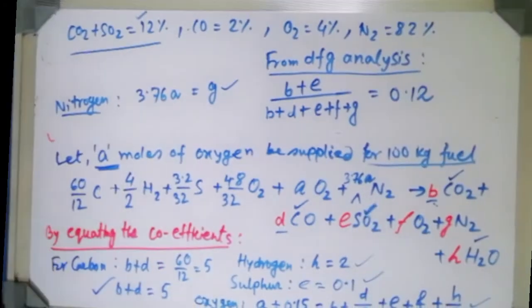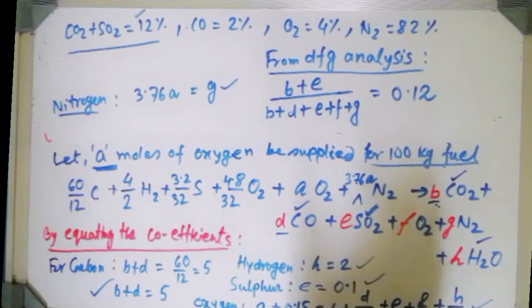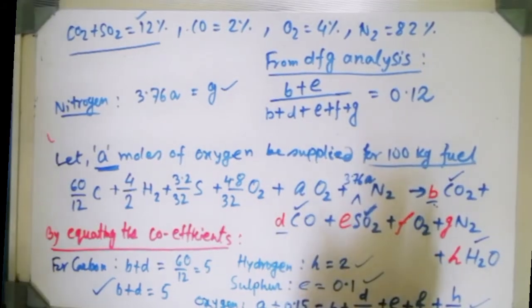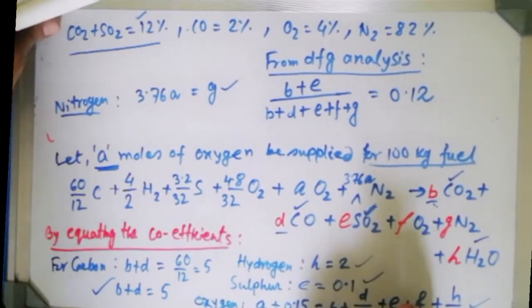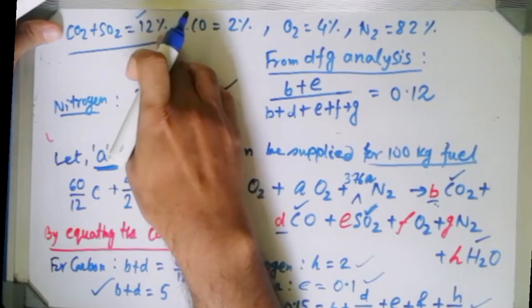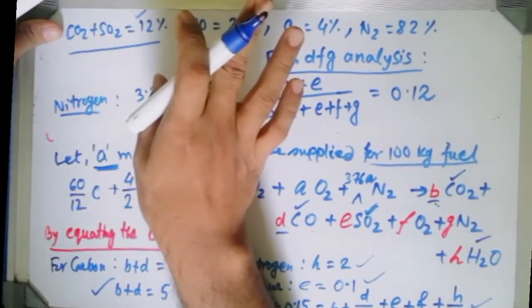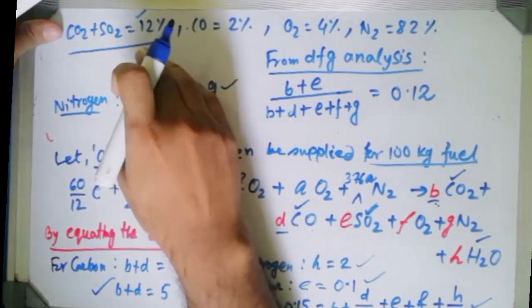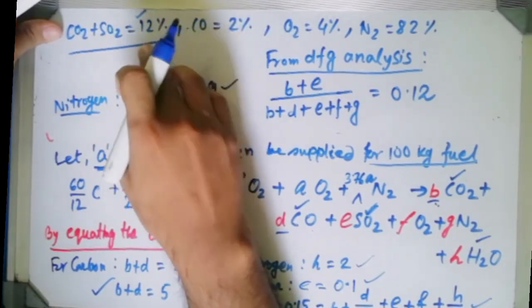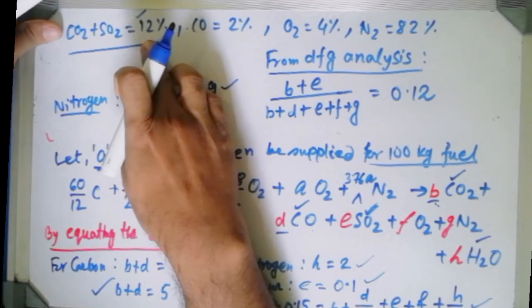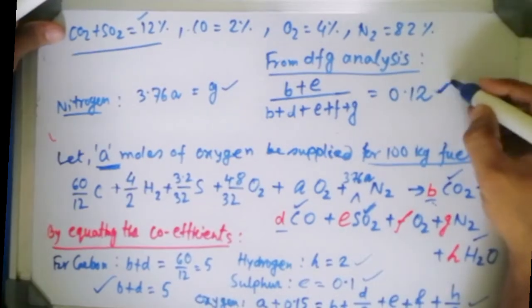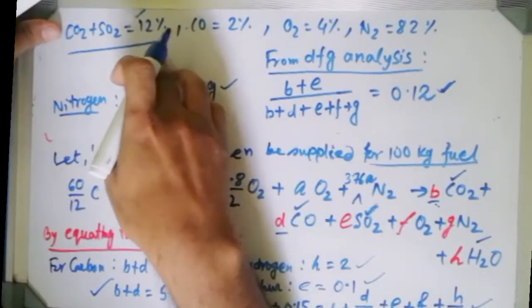Okay, so 12% means for 100 kg of flue gas, 12 kg is CO2 plus SO2. Very good. Now if we consider for 1 kg of flue gas, it will be 0.12. Okay, so that 0.12 is coming here. Now it is for 1 kg of fuel. Okay. Now in the whole flue gas, if we eliminate that moisture, then what will be the number of mole of flue gas for dry flue gas?